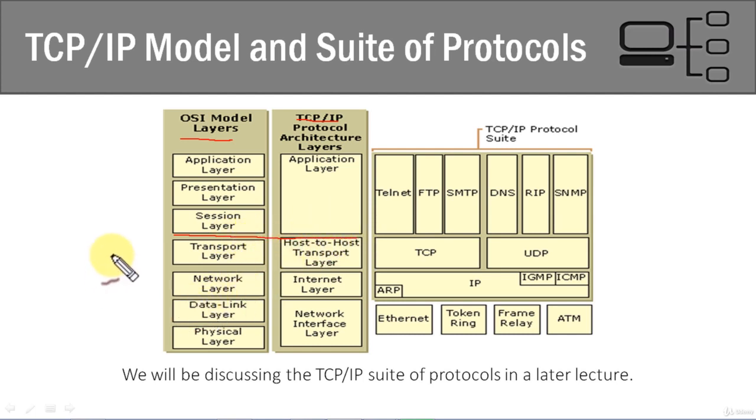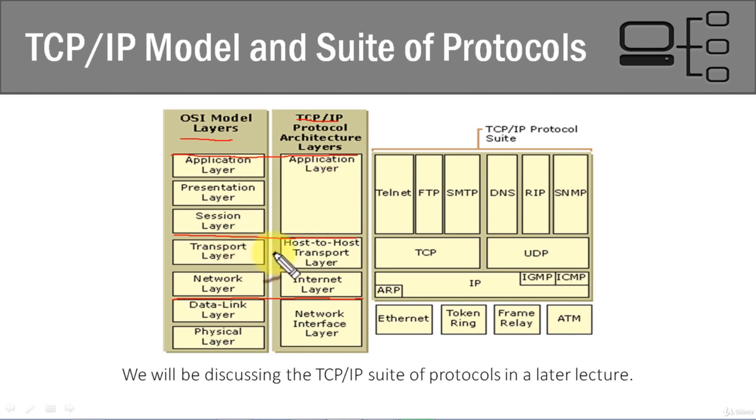Same thing goes down here. We have the network interface layer, but we have the data link and the physical layer. Let me draw a line here as well. All they pretty much did is, instead of naming these three layers that work at the host layer, they decided to bundle them together and call it the application layer when they implemented it with TCP/IP.